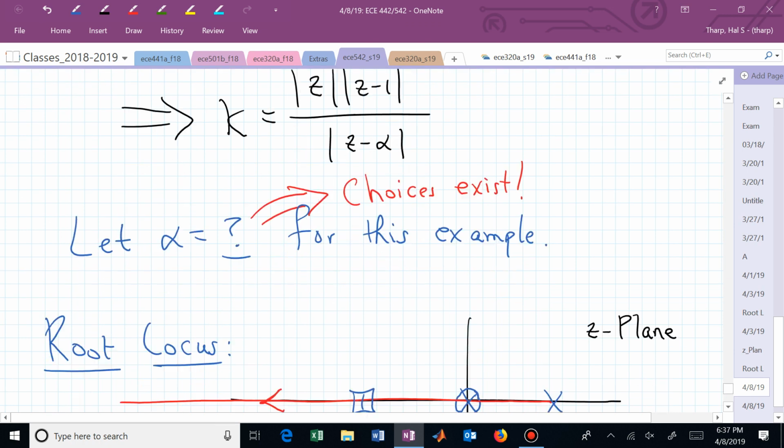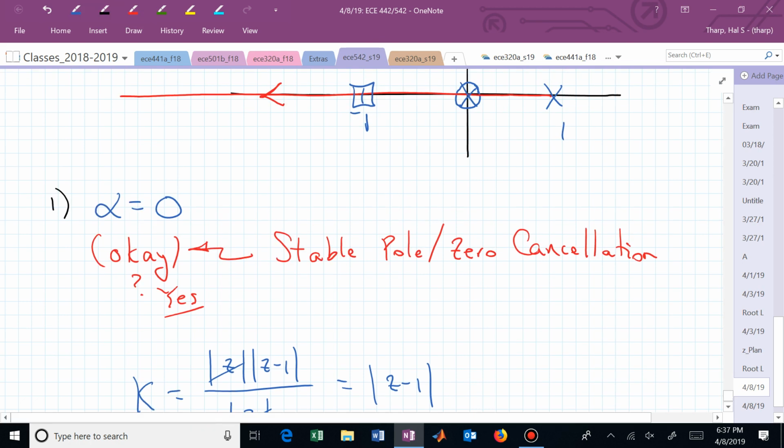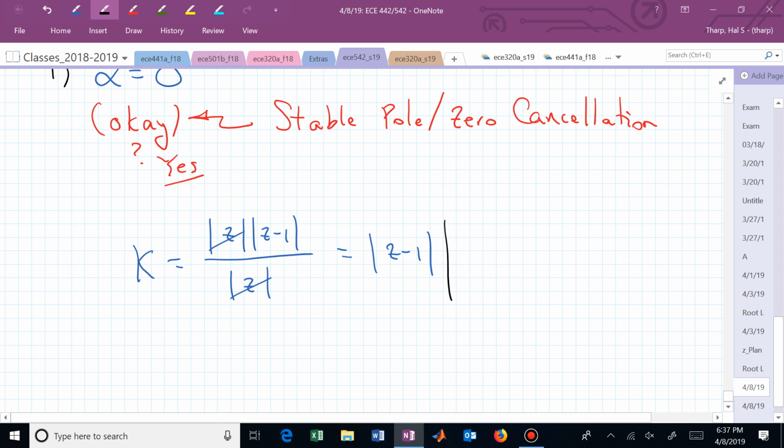K is z minus 1 over, and we had alpha equal to 0, so those two didn't even need to be there. K is now this. We want to check this gain value when z is equal to minus 1.